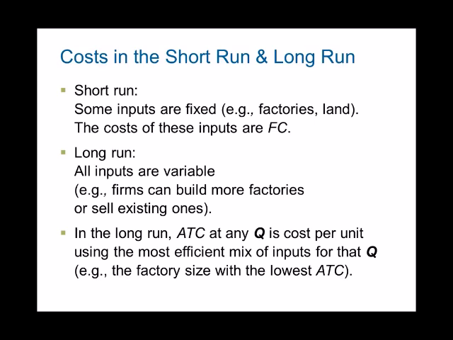So you finally figured out what factory size or what farm size or what kind of resources you need to produce the output at the lowest cost per unit. And that's what we want to do, because once we produce at the lowest cost per unit, that means we can actually help to raise our revenue or raise our profits.